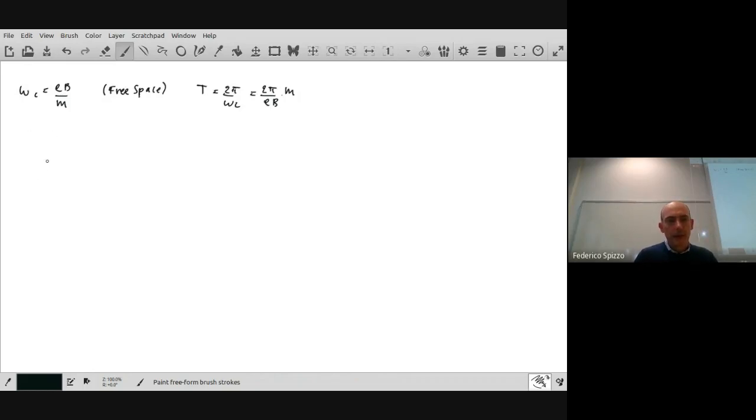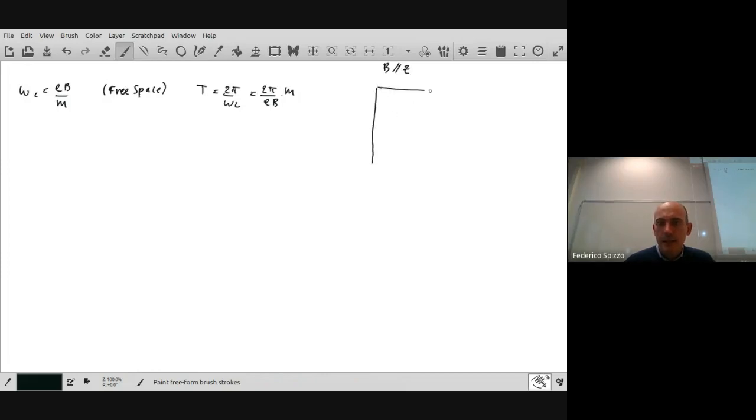I'm not able to draw a full three-dimensional plot. So what I would like to plot here now is just the path of the orbit of the electron in the plane that is orthogonal to B. So I suppose that B is always parallel to the Z direction.